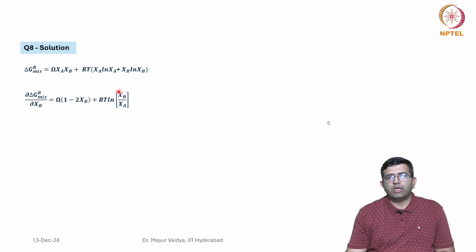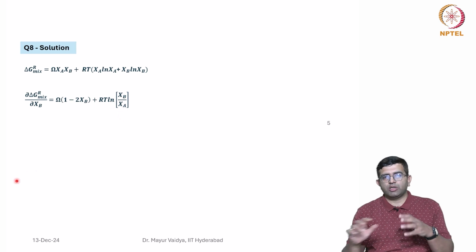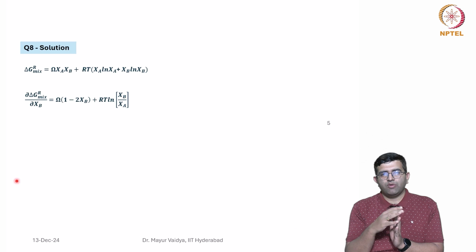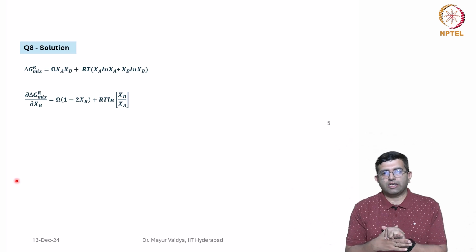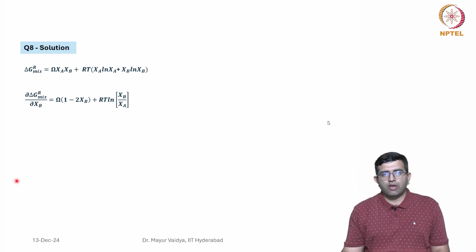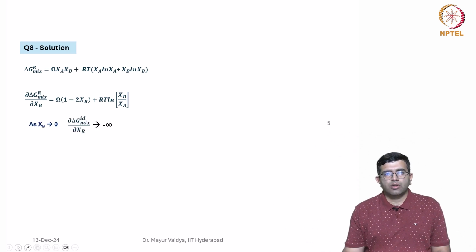However, when XB tends to 0, you are talking about log 0. And log 0, if you remember the graph of the logarithmic function, which we also saw in our lecture on the revision of mathematical concepts, is actually minus infinity. So, as XB tends to 0, this quantity tends to minus infinity.